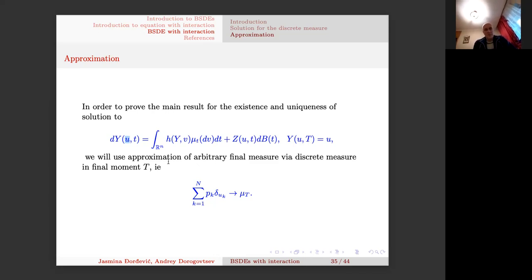So maybe we will pay more attention to this problem. But of course, the drift can be generalized. This is relative to the choice of equation. So it is interesting to quickly do the part devoted to the existence of the solution, and I hope when Jasmina comes to Kyiv, we will begin to work on the control problem for stochastic differential equations with interaction.